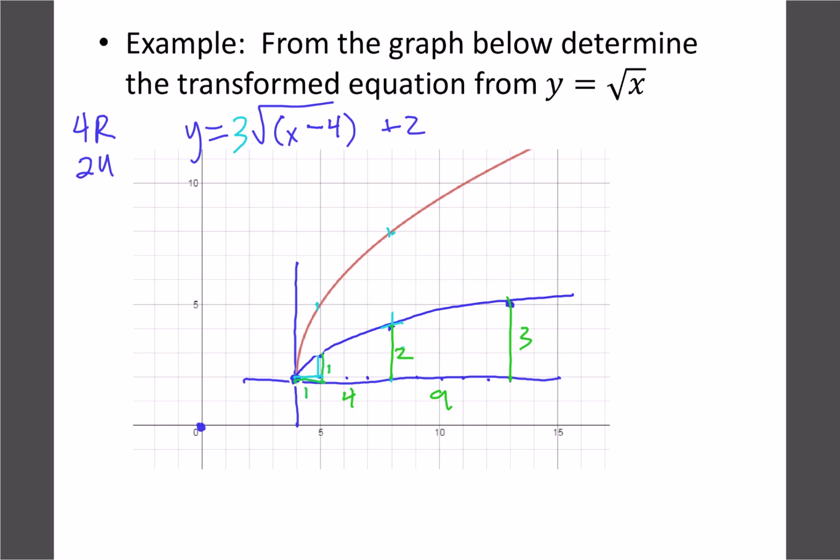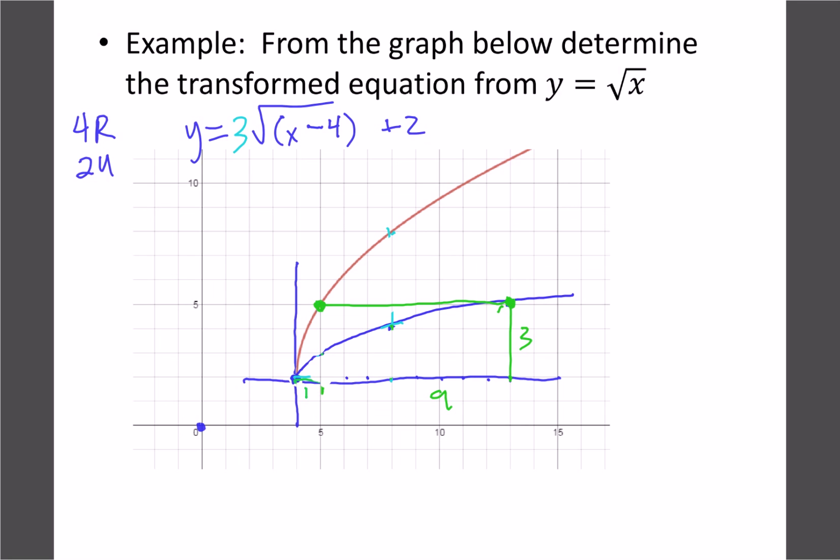But if we look at the 9, 3, you can see that this 3 location has actually been shifted over to there. We've done a horizontal compression or shrunk it. And we went from a distance of 9, but now we're at a distance of 1. So we've taken this graph and went 9 times smaller, or 1/9 of a stretch.